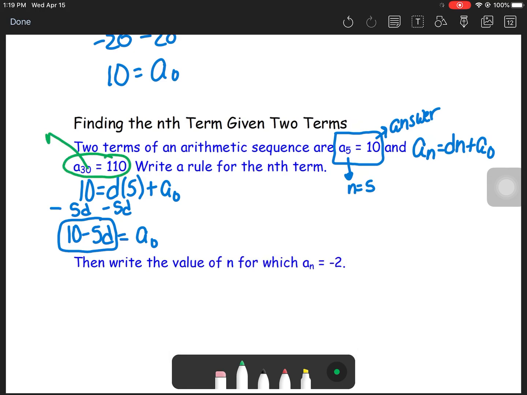We know that n is 30, and we know that 110 is our answer. So we're going to start all over with our formula. We're going to put 110 as the answer. We don't know the difference, but we know that n is 30, and we don't know our a sub 0.